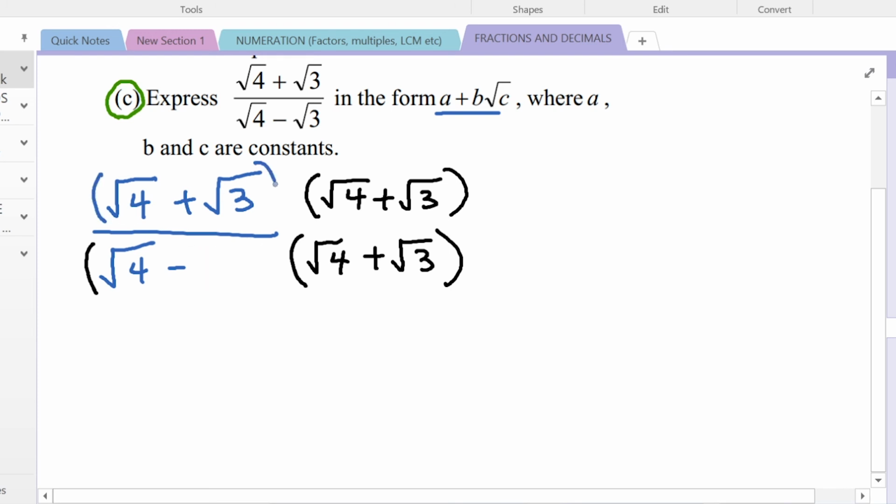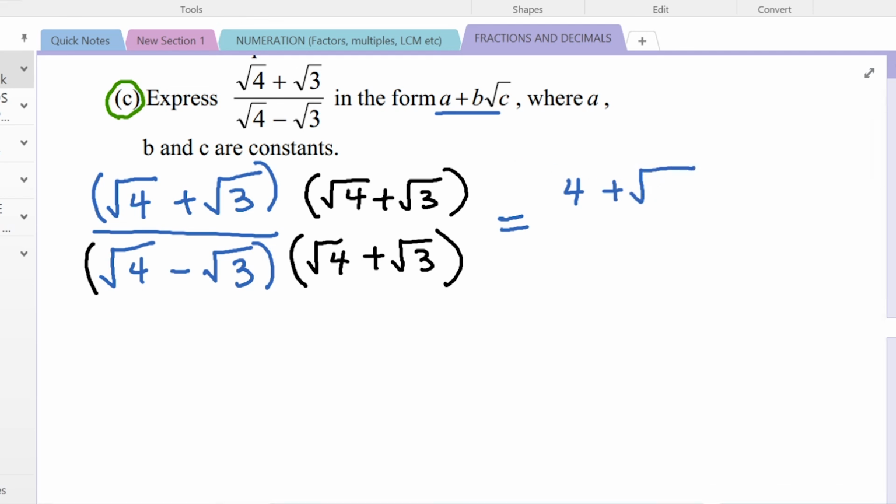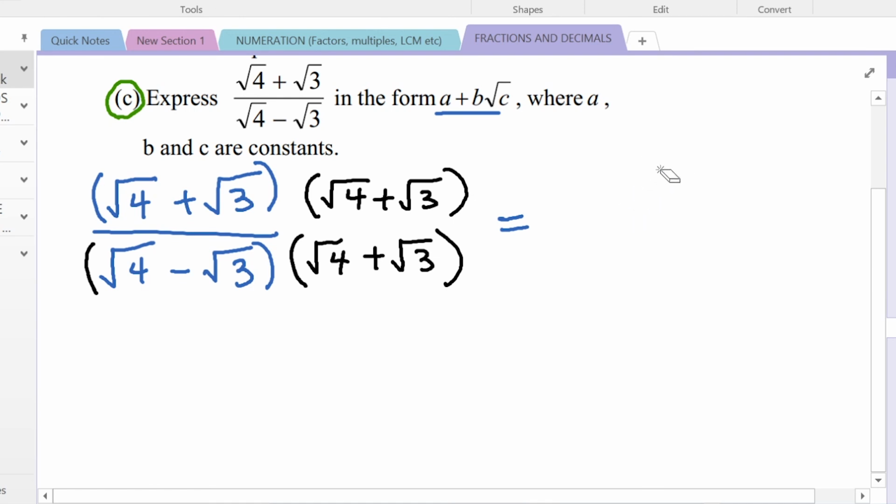So this, okay, this is root of 4 minus root of 3. Okay, so we go on and open brackets. Root 4 times root 4 is 4. Then root 4 times root 3 is plus, I'm opening brackets. Let me move slowly to avoid confusion.